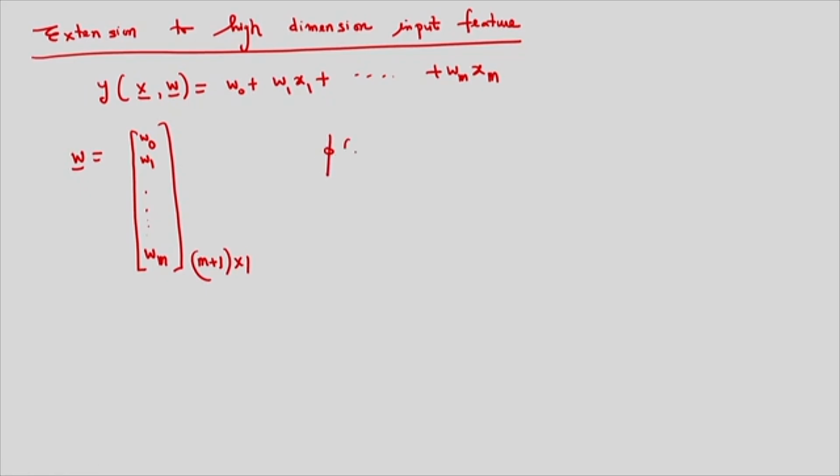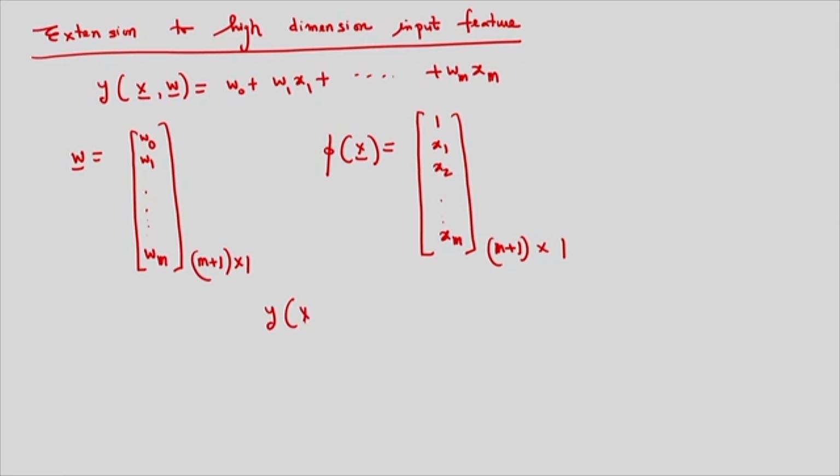And what is the basis function? Basis function phi(x) is equal to 1, x1, x2 up to xm, m plus 1 into 1. So I can write the predicted value y(x, w) is equal to w transpose phi(x).